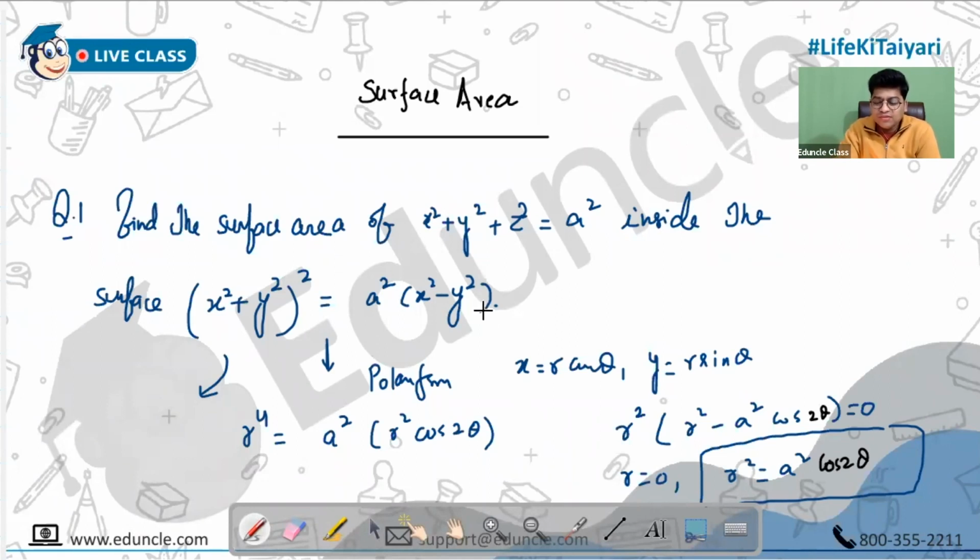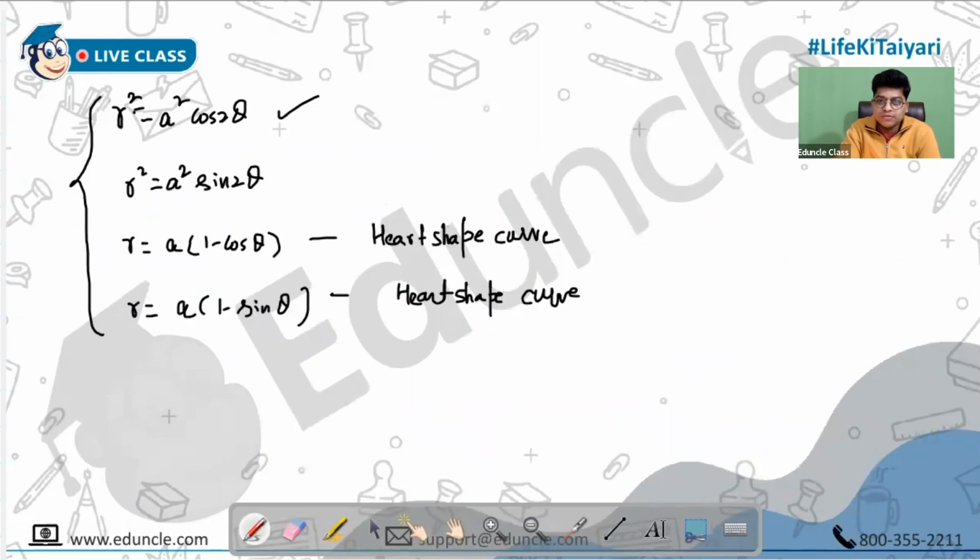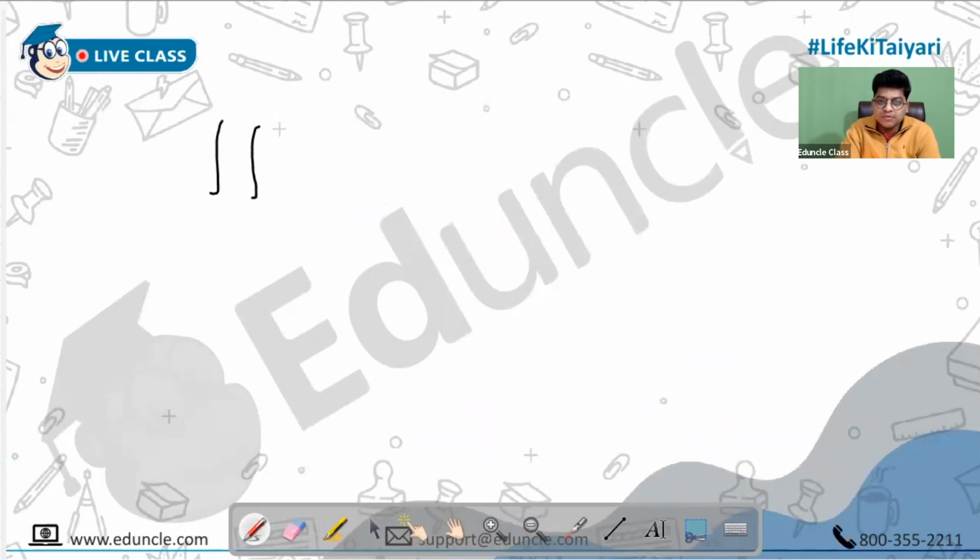Okay. See, this is the surface. Then how to find out the answer? This step is very simple. Double integration of under root of 1 plus del z by del x whole square, plus del z by del y whole square. Del z by del x is minus x by z, and del z by del y is minus y by z.